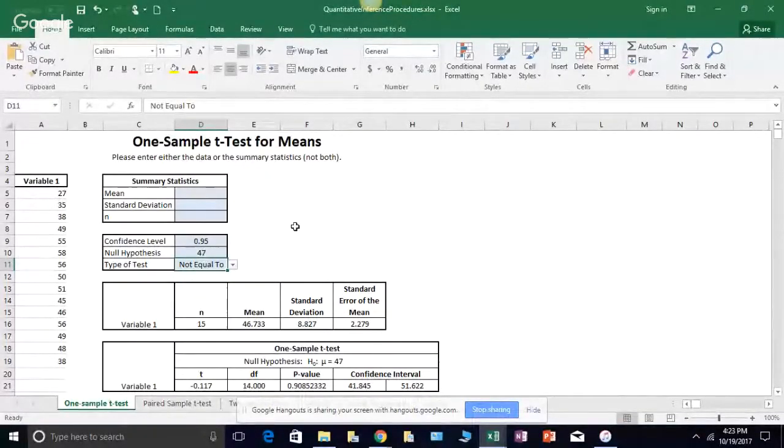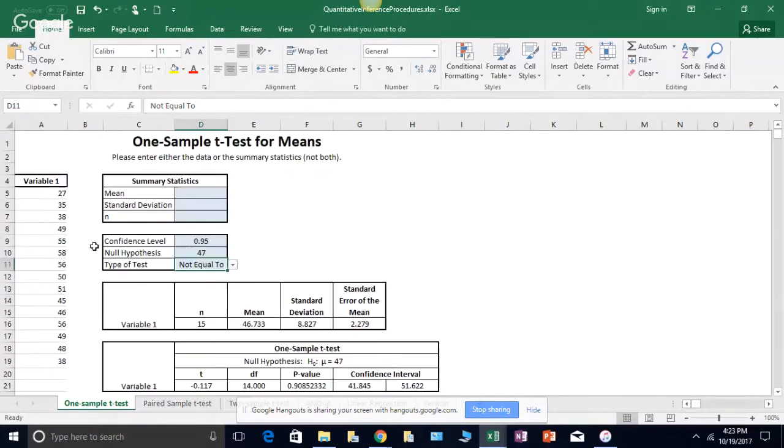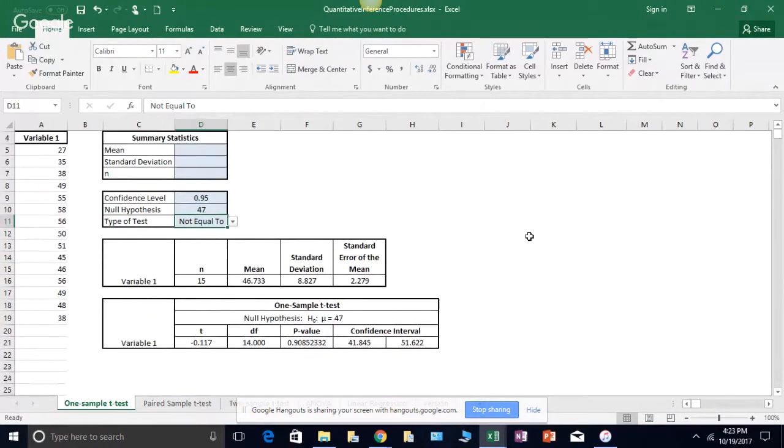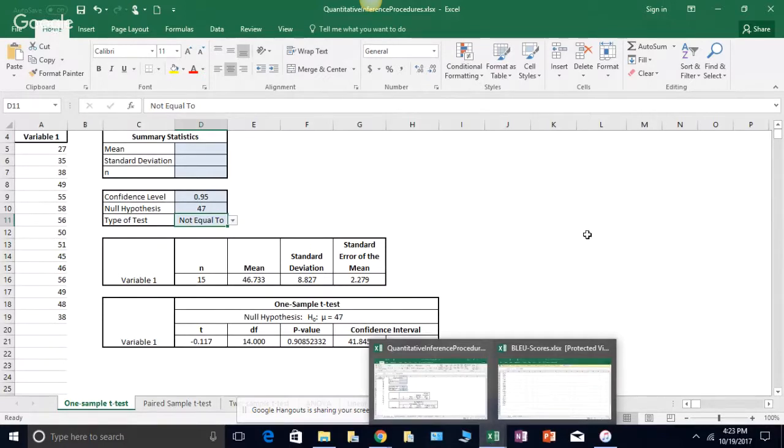Then I opened up this one, and this is where I got the other information. This is what the answers came out to when you inputted all those. I just plug that in, and I can put the 99 right there too.